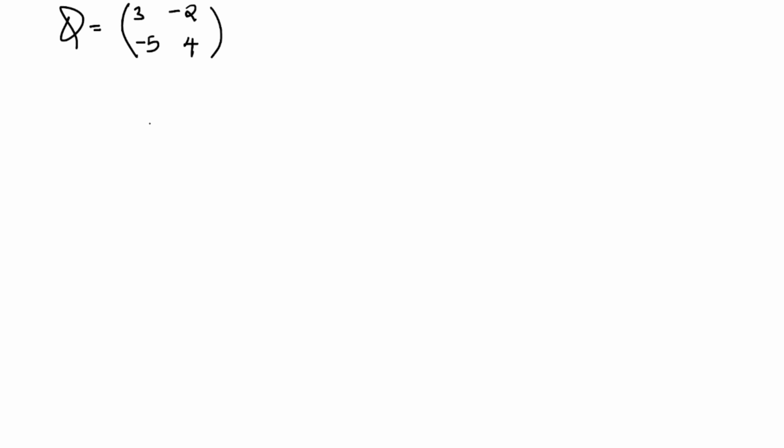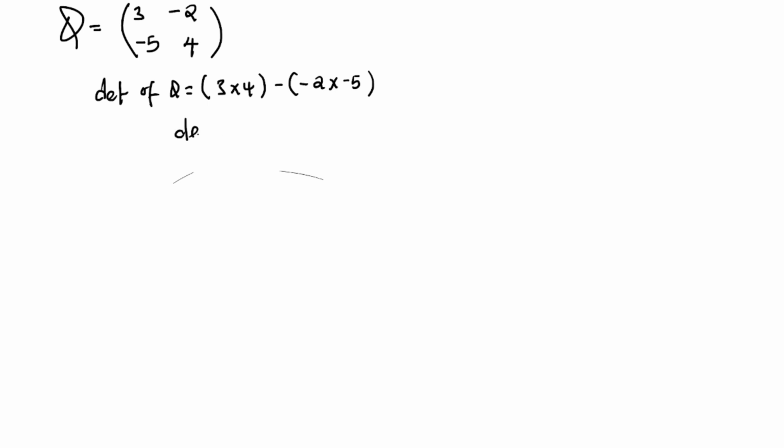The first thing that we're supposed to do in this case is for us to find the determinant, okay? Of which the determinant in this case will be calculated as 3 multiplied by 4 minus negative 2 multiplied by negative 5.